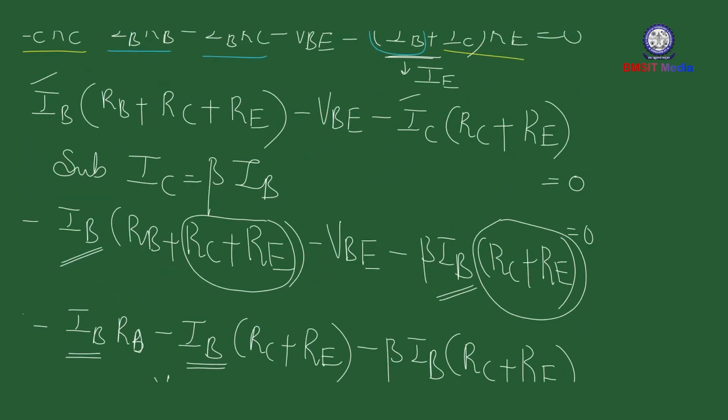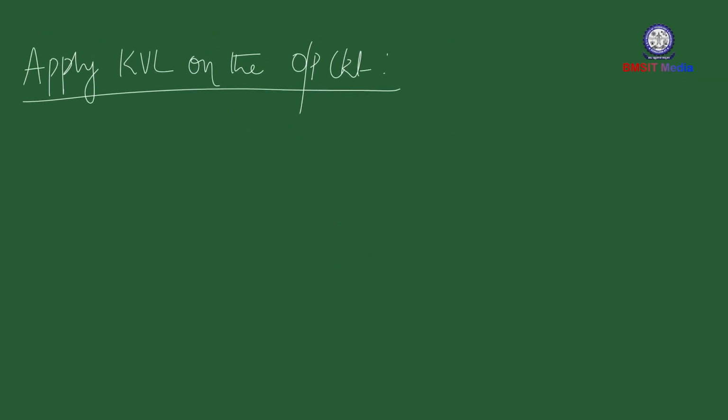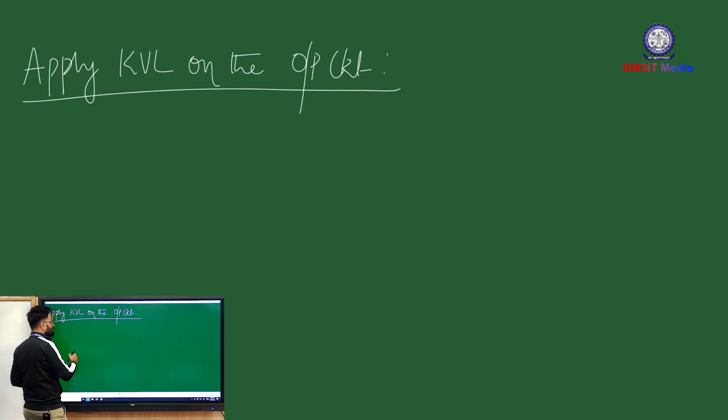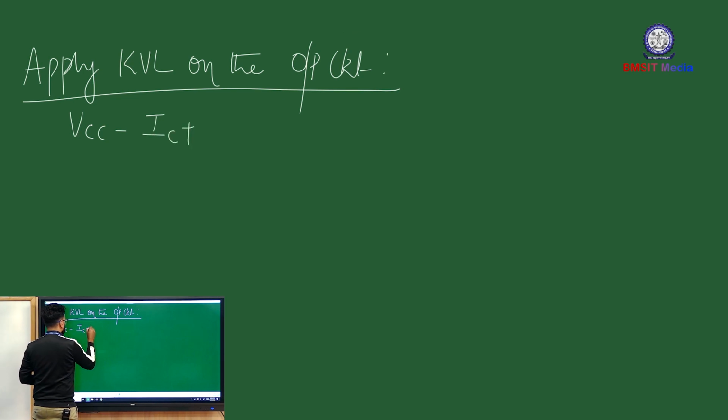Okay, all right. So let's apply KVL on the output circuit, starting from plus VCC and ending at ground. Okay, so we have VCC followed by IC plus IB into RC.